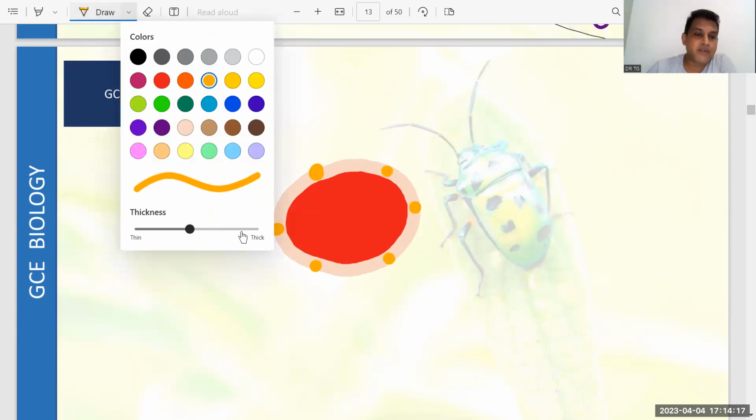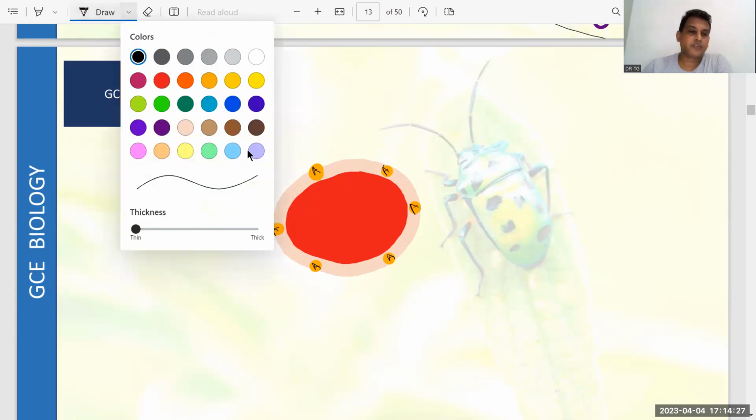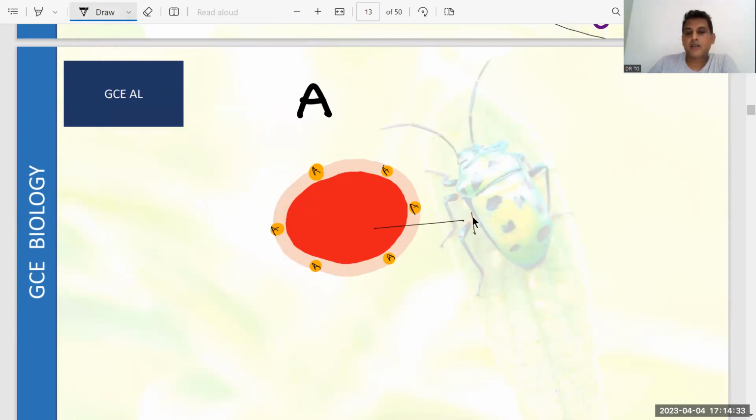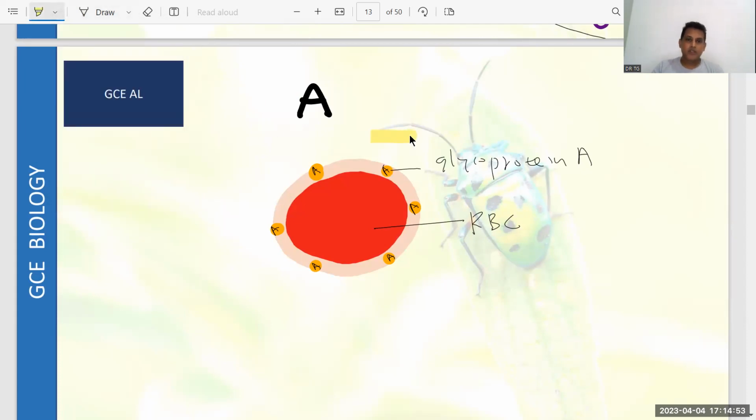So they have glycoprotein A. Group A. So let's name this again: red blood cells, glycoprotein A. Now this is going to represent the plasma part of the blood. This is the plasma.